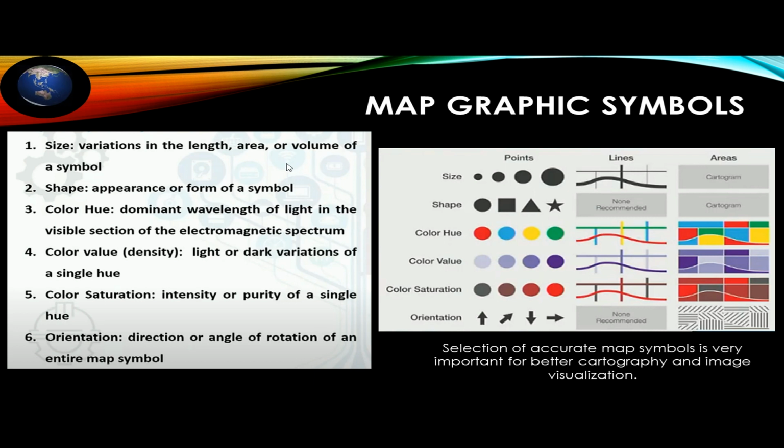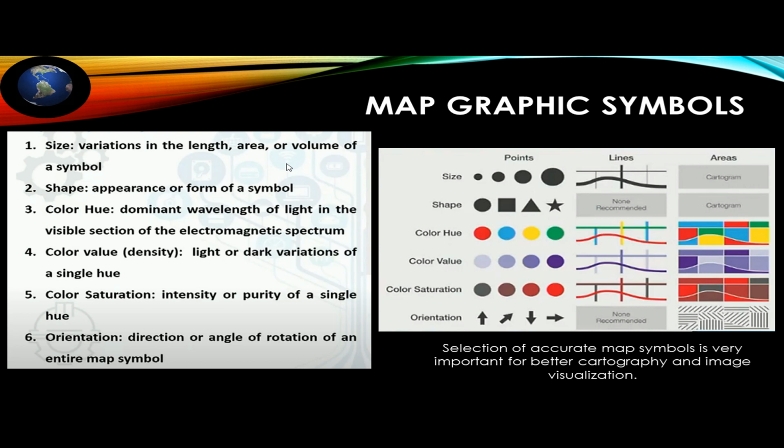For that, please go through the electromagnetic spectrum. We have the range of 0.4 to 0.7 micrometer for the visible electromagnetic spectrum. So what are the dominant wavelengths that we can visualize with our eyes, or on the map, which color should be taken care of to demarcate such kinds of features.